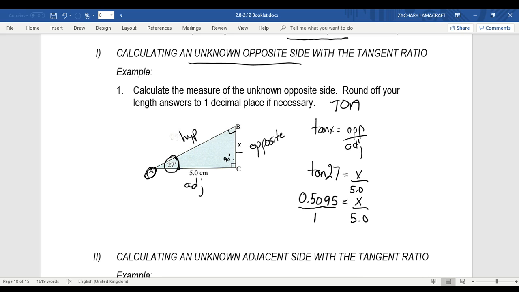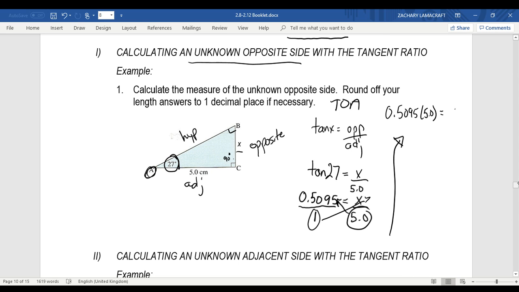So if we did cross multiplication in this case, the 1 would come up here, the 5 would come up there, and it would be 0.5095 times 5.0, and then it would equal x times 1. What's x times 1? Just x, right? So we've done cross multiplication.